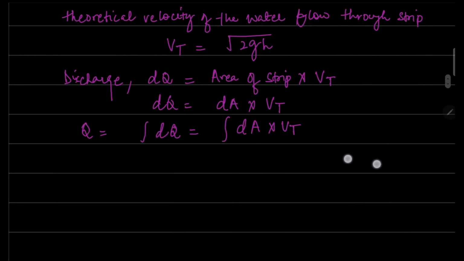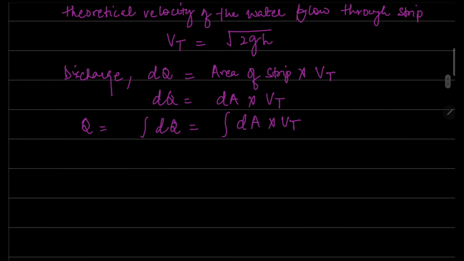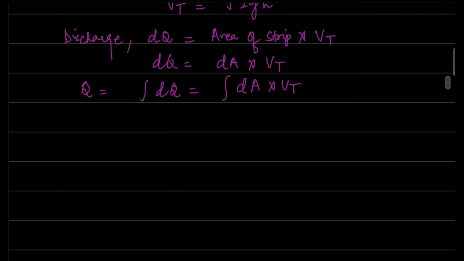Now there is a very important thing involved here. For the total discharge, we have to integrate over the height of 0 to H, which is the height of the head over the weir crest. So we can write that q is equal to the integration over a height of 0 to capital H of dA multiplied by Vt.